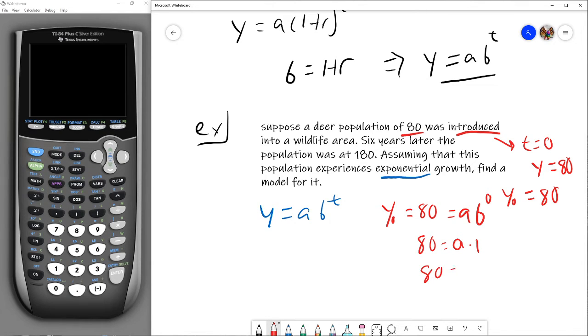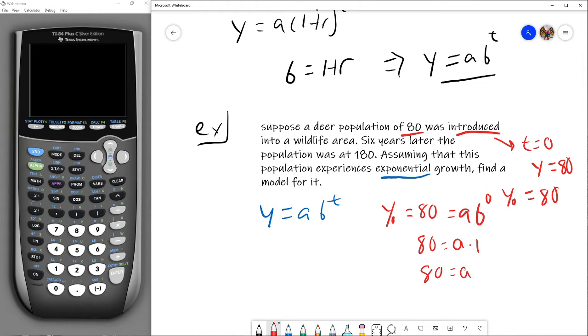So this tells us that 80 is equal to a, which we should have already known. I just brain farted there. We should have known that 80 is equal to a simply because we're told that it was the initial population, so that is a itself. I guess this just verifies what we said before about a being the initial population, as in the last video.